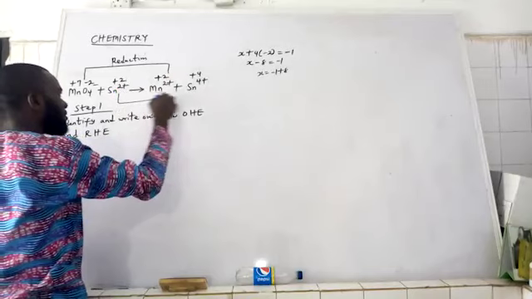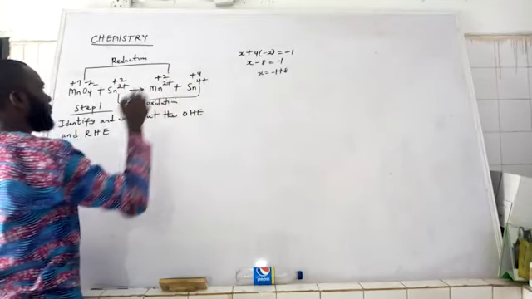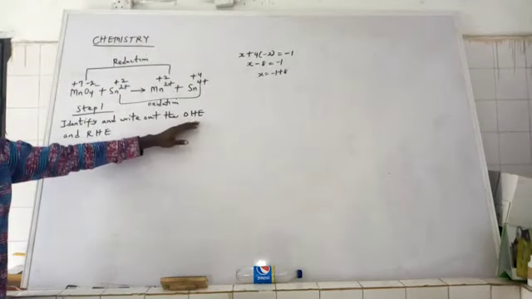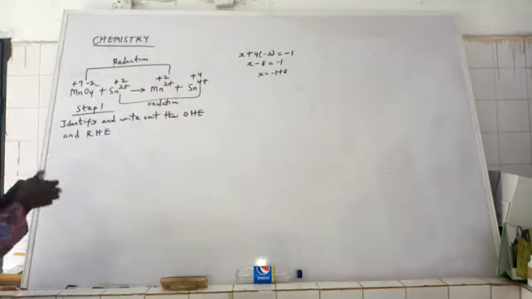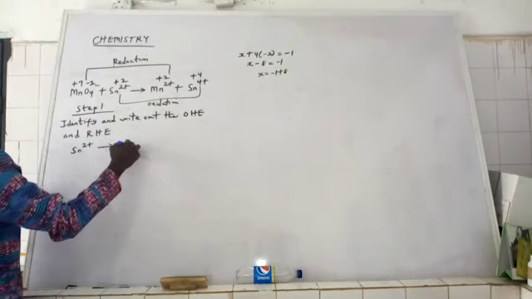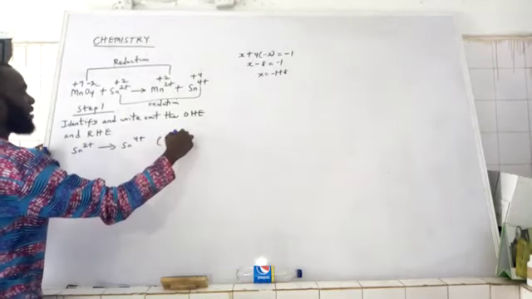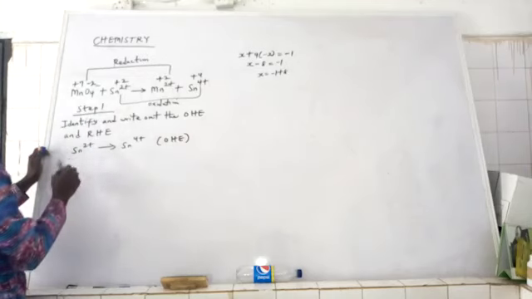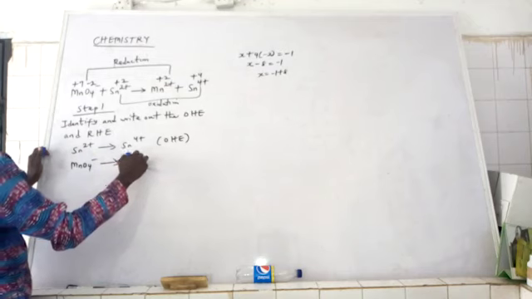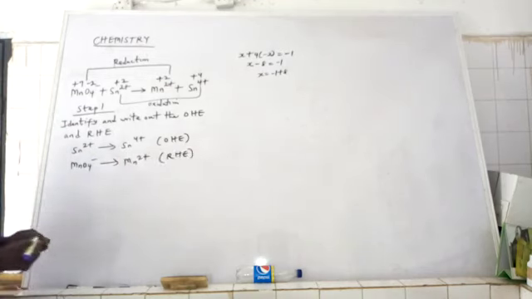So increase in oxidation number is simply what? Oxidation. So it is easy for me now to write out my oxidation half equation. This is oxidation, so I'm going to have tin 2 ion going to tin 4 ion. So this is my oxidation half equation, while this MnO4 minus going to Mn2 plus is going to be my what? Reduction half equation. It's as simple as that.